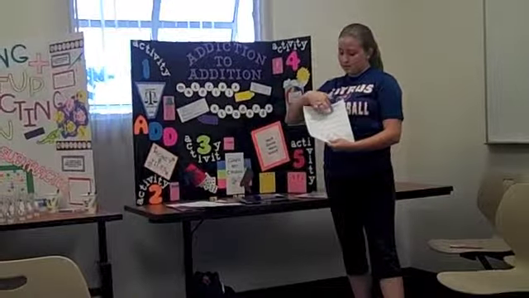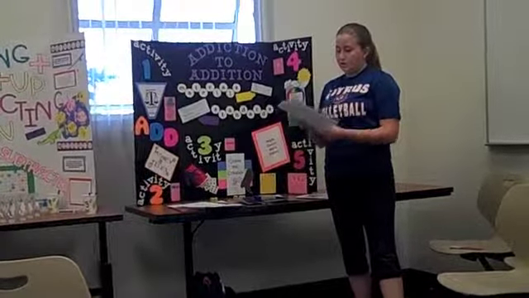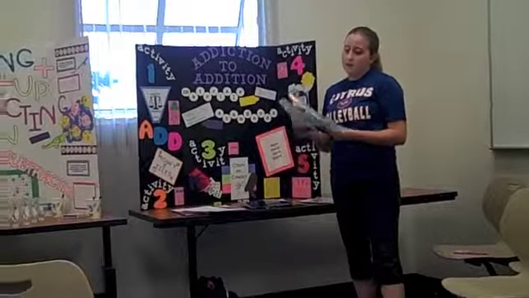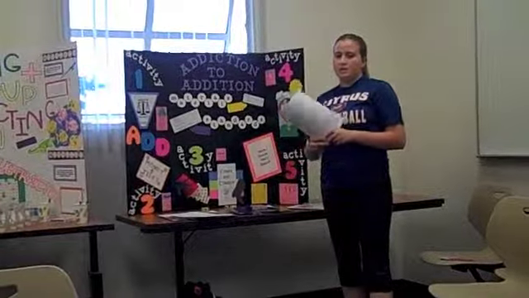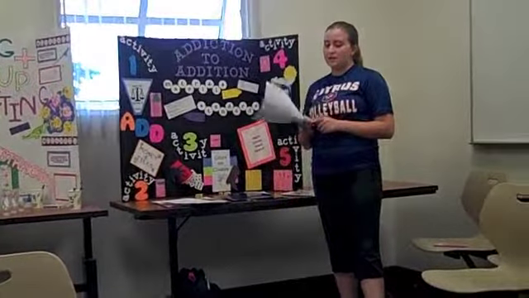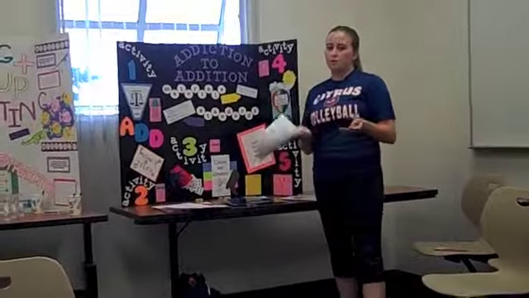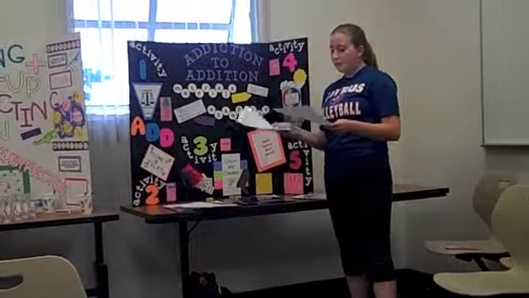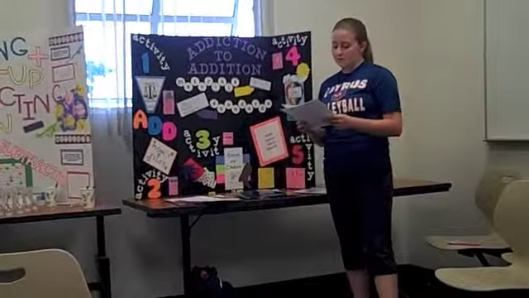They'll put the numbers inside the different shapes, add them up, and put the total in the equal sign. To make it a little more difficult, the number can't be less than 10 or more than 25, so they can't roll all 1s or all 6s. That helps them understand less than and greater than.